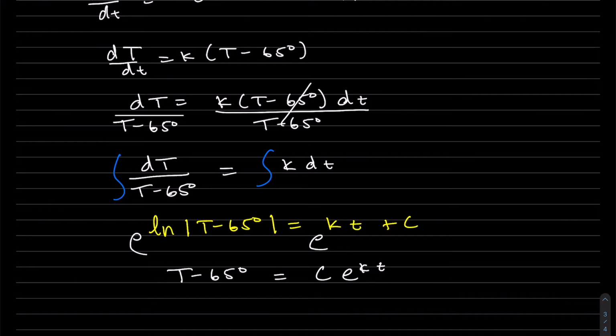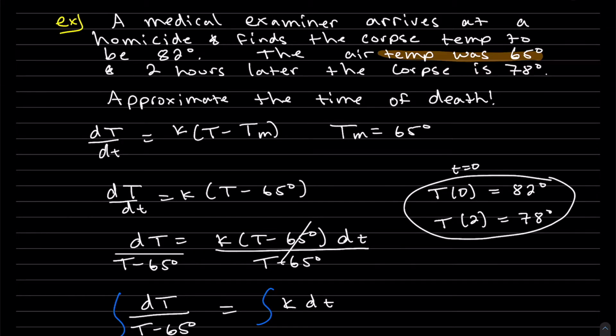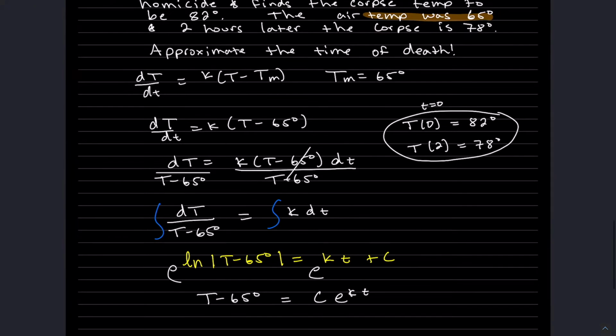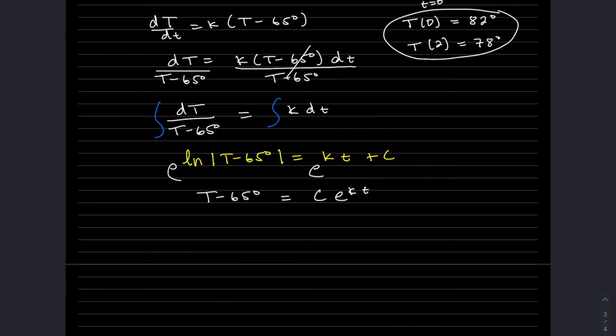We have our initial at T equals 0. What do we have? Corpse temp was 82 degrees. And 2 hours later, second point in time, it's 78. So just like up above, let's use the T equals 0 to find one of our constants.